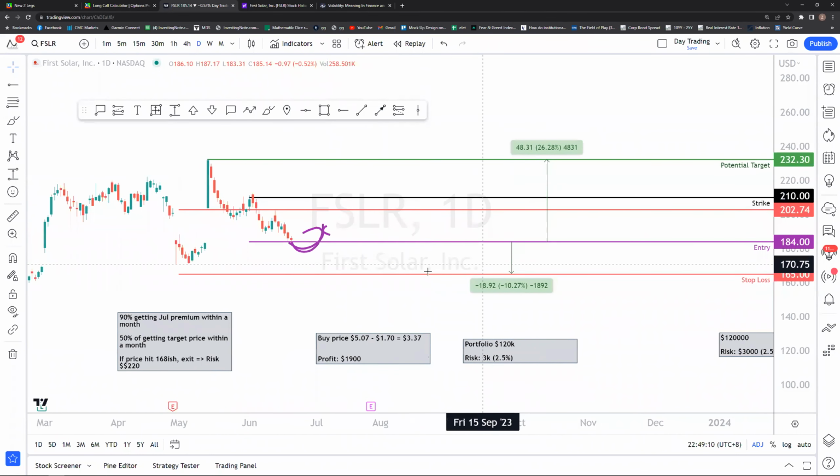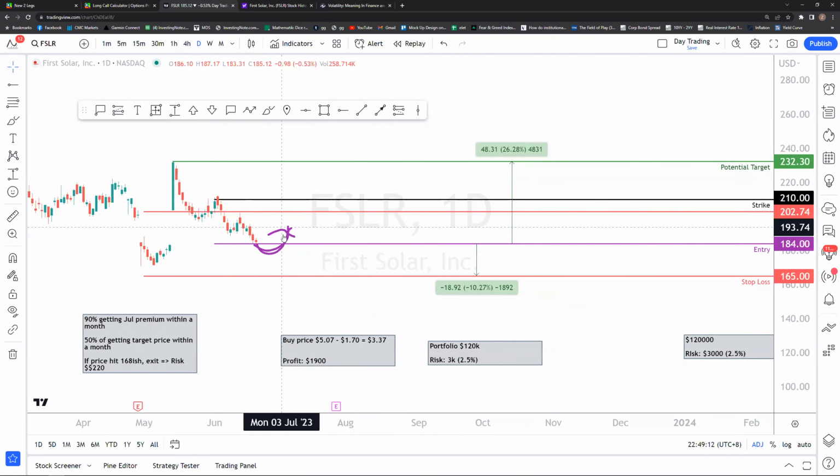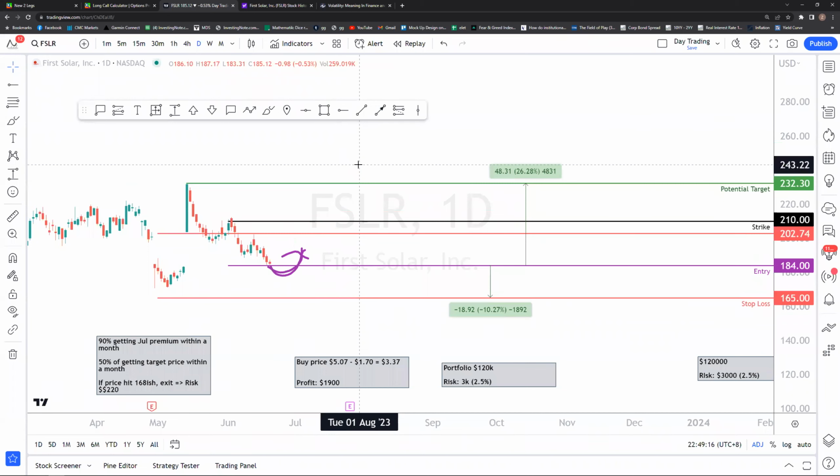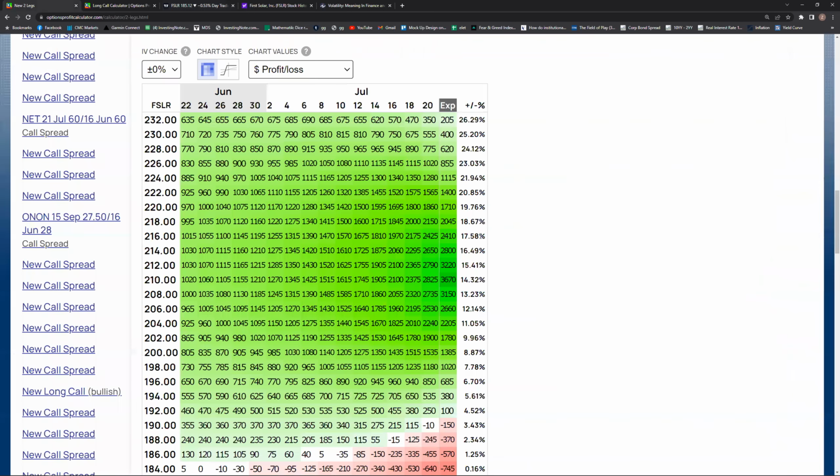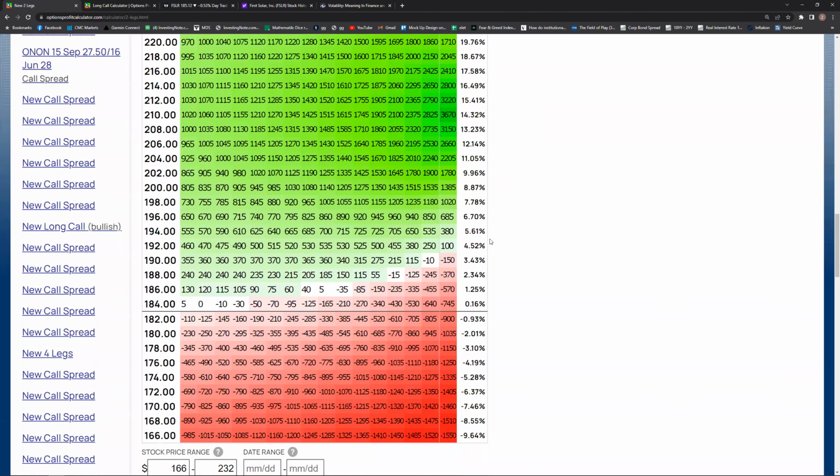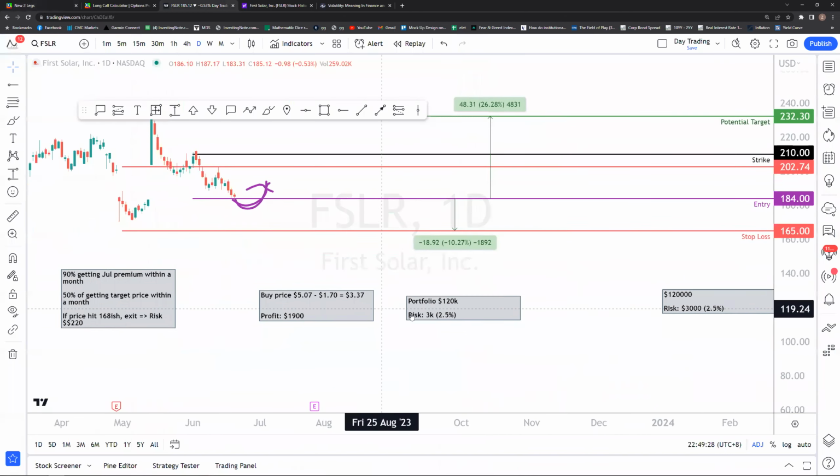But the thing is that you actually have a lot of options available when you are doing all the option trades. There's a lot of choices available for you. For example, the next choice that you have is, remember, I'm planning to risk about 3K from the beginning.